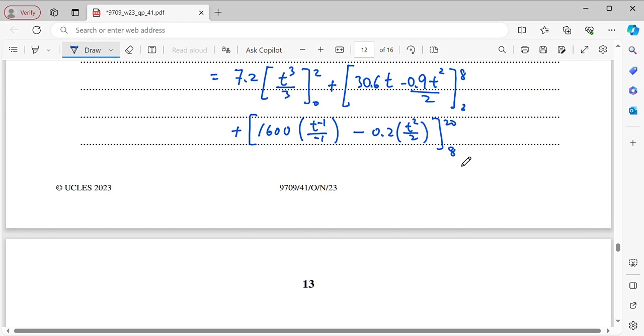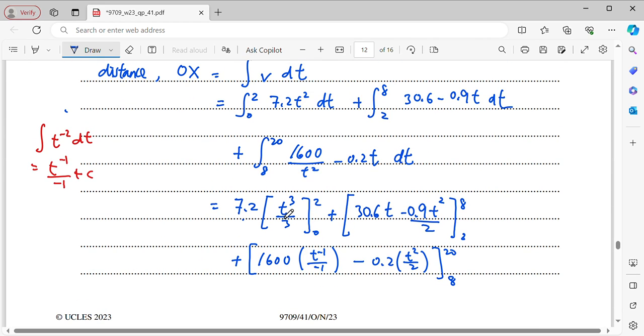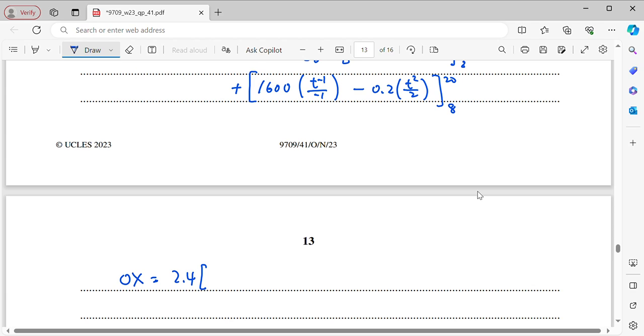For the first one, 7.2 over 3 is 2.4. So I will write OX equals 2.4, then replace the t by 2 first, so I will get 2 cubed minus 0 cubed.